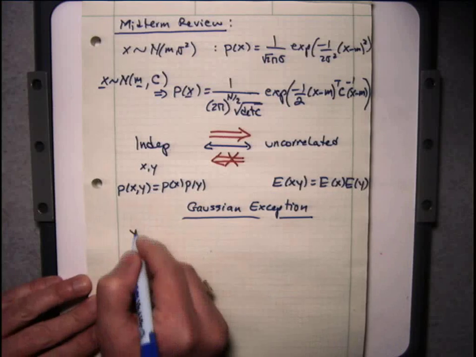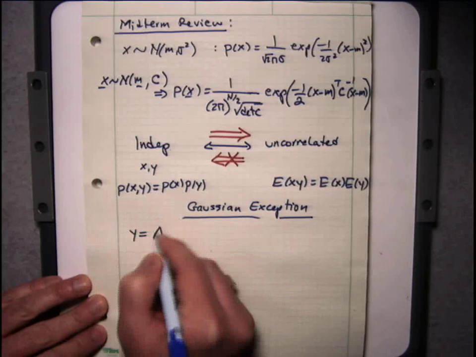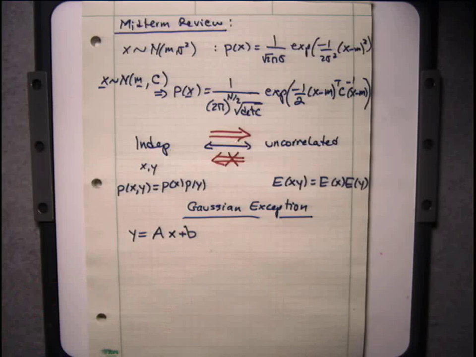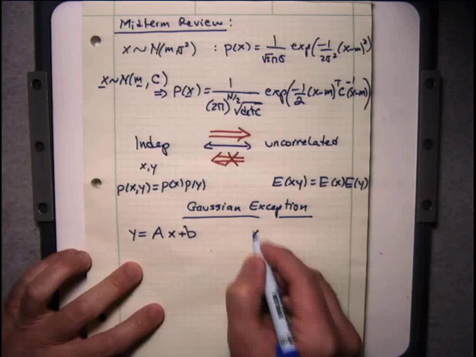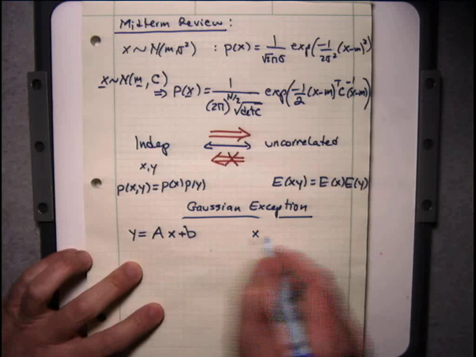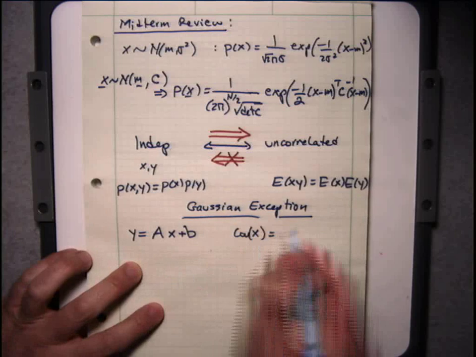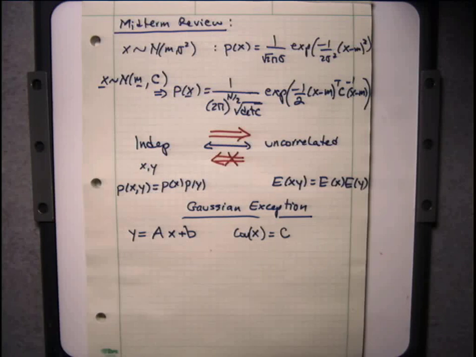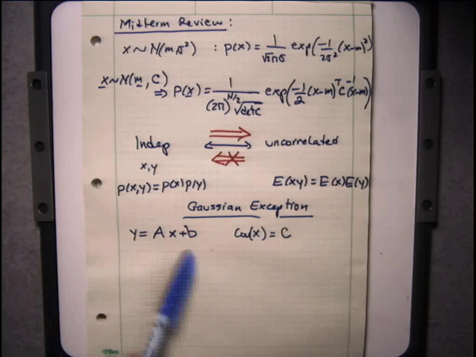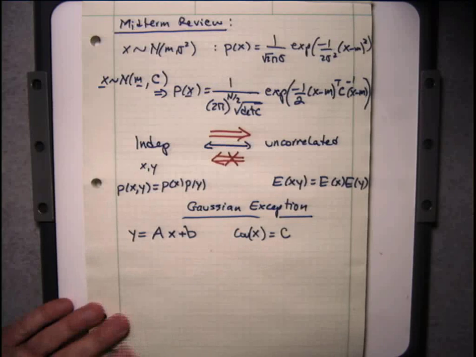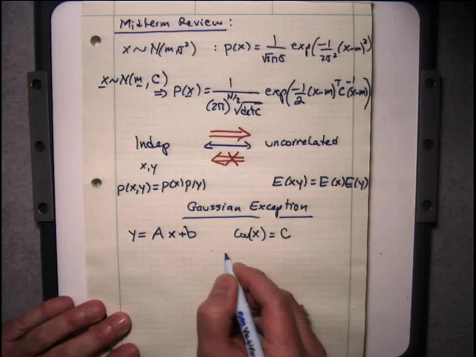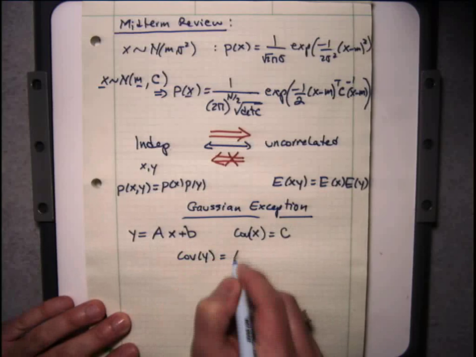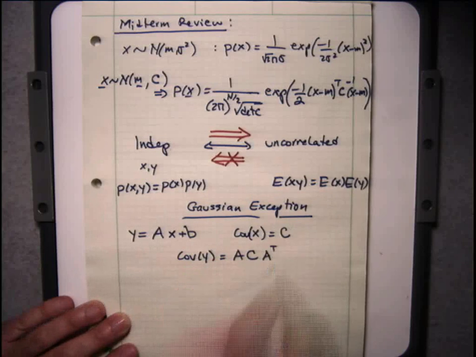Transformations of random variables. If you have a random variable x, which has, let's say, a covariance of x is, let's say, C, okay? Then if you do a linear transformation of this random variable, then the covariance of y is A C A transpose.